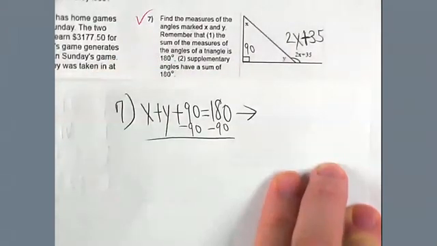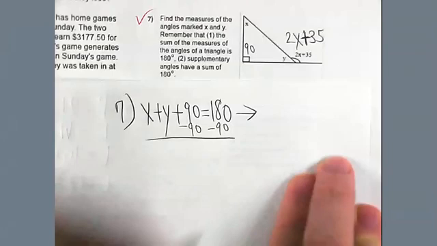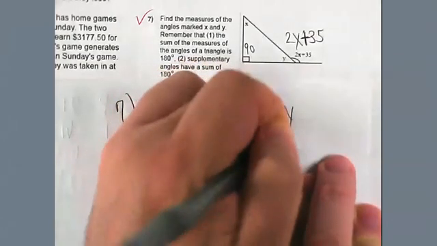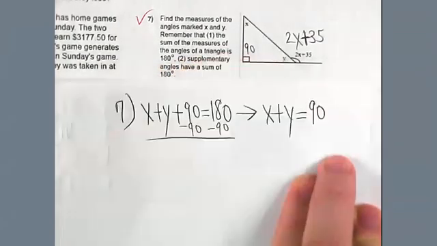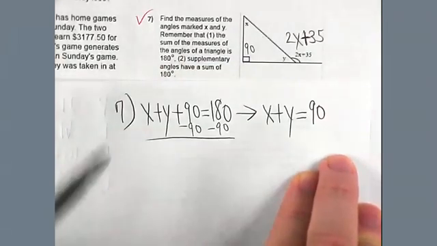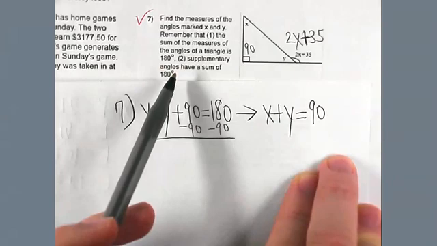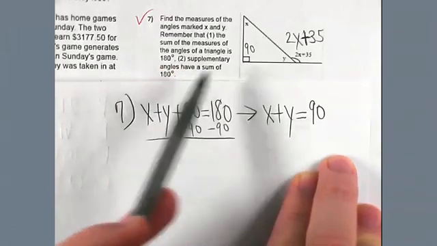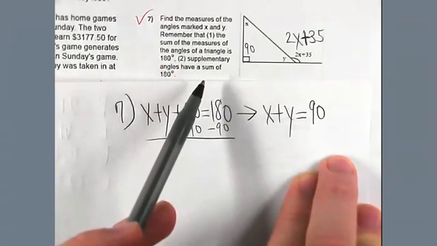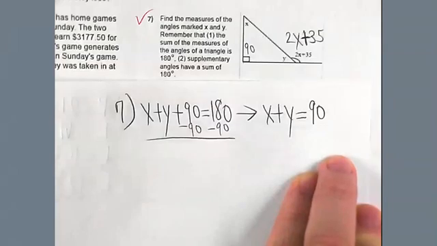So our revised first equation is x plus y equal to 90. The second equation, use the fact that supplementary angles, when you add them together, equal 180 degrees.